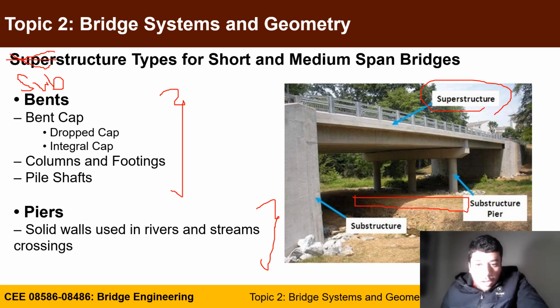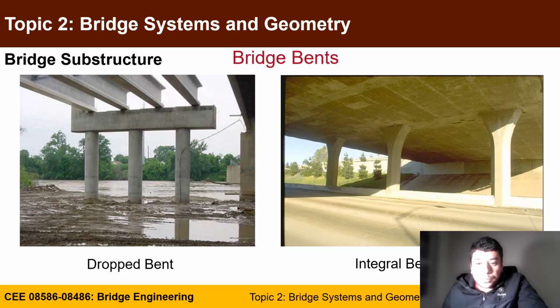We have the columns, we call it column for the bent or column bent, and we have bent cap, which is the beam that connects all the bents. The beams can be called drop cap or integral cap. Also, the foundation system can have piles, group piles or single piles, pile shaft, and this is what we will be covering in next slides.